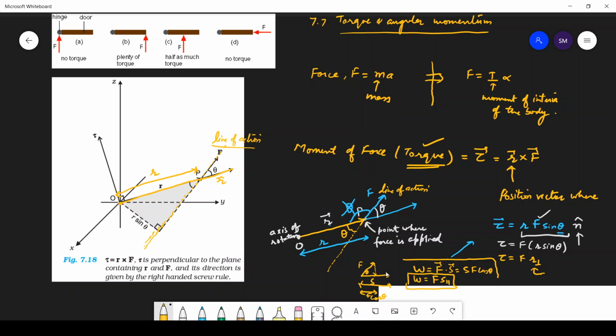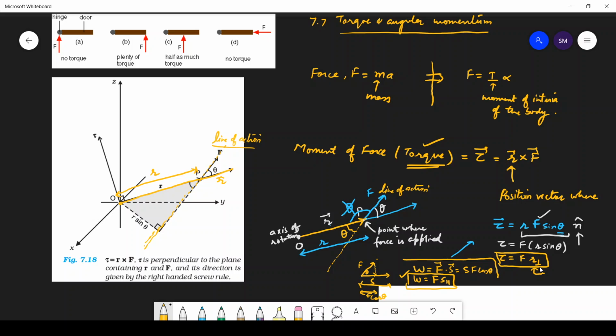Yes, you can project the displacement on F also. So these are the two important ways of writing the magnitudes of the dot product and cross product. Here we have s parallel and here I have r perpendicular.